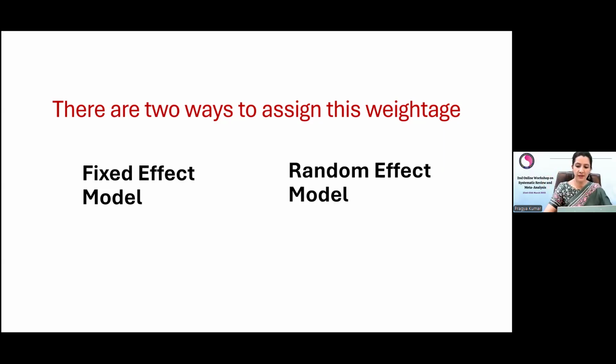The fixed effect model assumes that the underlying population mean is the same. That means there is homogeneity in where you are withdrawing the sample. For example, I am doing something from one school. Let's take this example, and I think Borenstein in one of his sessions also commented on the fixed effect using an example of a school.